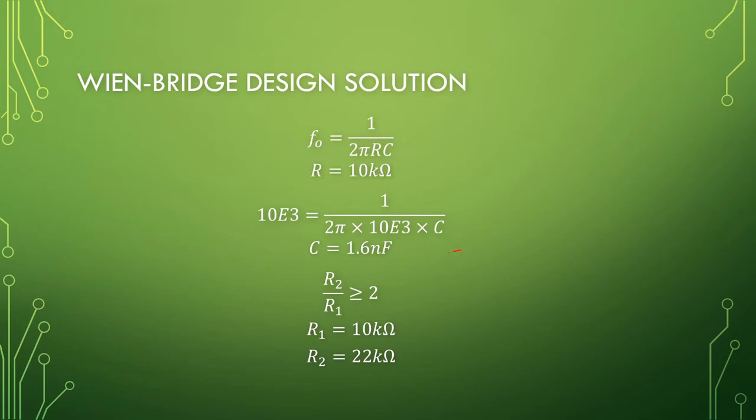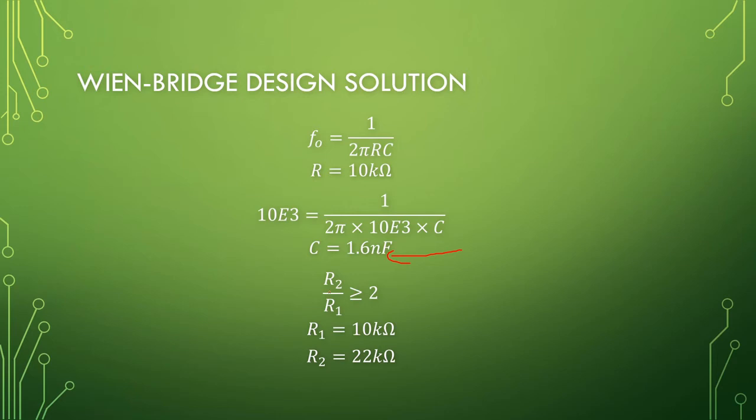Okay, in a real world design, you will typically choose the capacitor first because there are fewer capacitor values available than resistor values, and for resistors there is E12, E24, E48. There are a lot of resistor values available if you need to fine tune an oscillator.